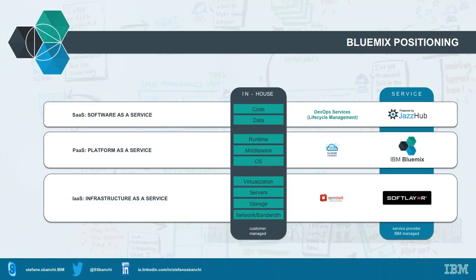This is a focal point because it shows that IBM is not locking the customer to any proprietary platform or system, and it's the way that we are driving innovation in IBM. And we can really say that IBM strongly bets on open source for cloud business, using OpenStack for the infrastructure as a service, and using Cloud Foundry for the platform as a service.